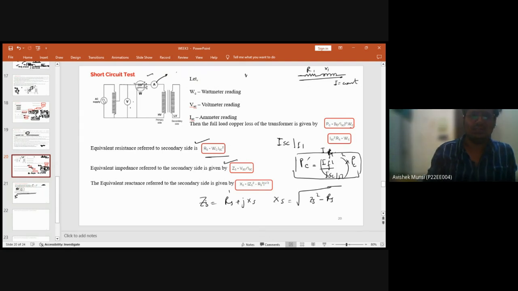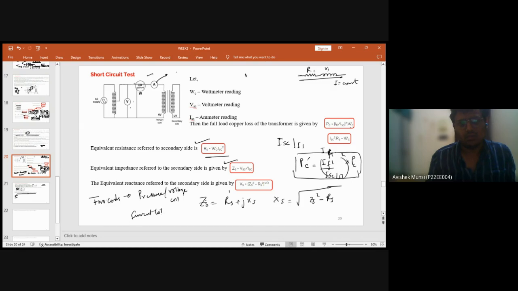If you're asking how the wattmeter is connected here, you know the basics behind the wattmeter. The wattmeter has two coils basically. One is the pressure or voltage coil, and another is the current coil.